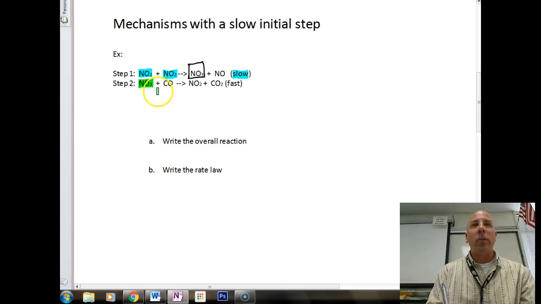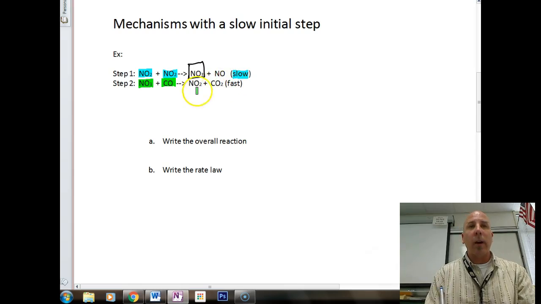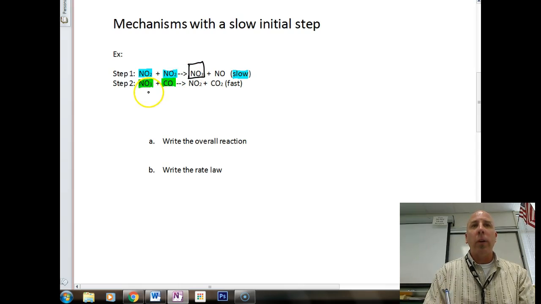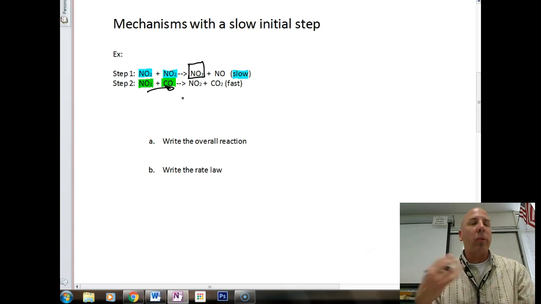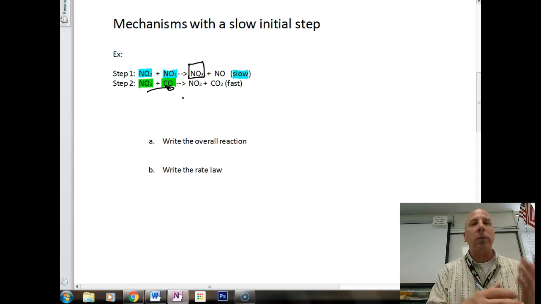And then we're also going to use up some carbon monoxide to produce our products. This second step is happening fast. As soon as the nitrogen trioxide is produced, it's consumed immediately. It's just waiting for it: come on, make some more nitrogen trioxide so we can use it up and keep this reaction going.